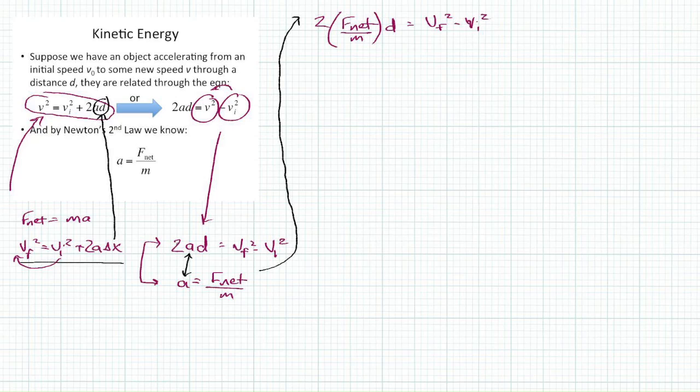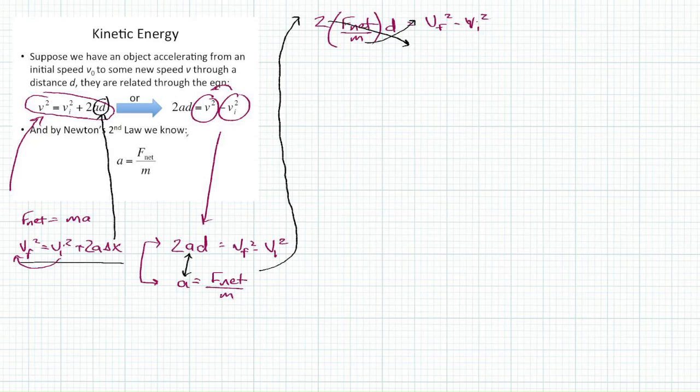Okay, we just combined these two equations right here. Both of these we know from before, but we're going to come up with an equation that speaks about work in terms of velocity and mass. All right, well, let's simplify this a little bit. Let's take our m and our 2 right here. If we bring them across to the other side, the m is going to come up top, and our 2 is going to come down to the bottom.